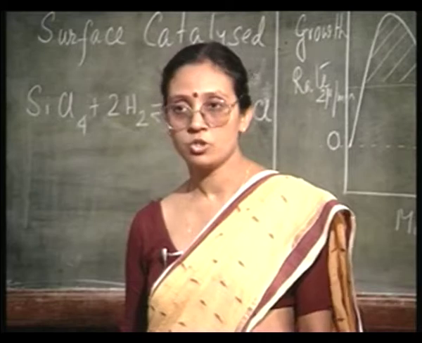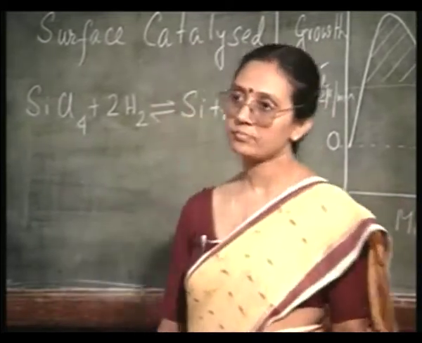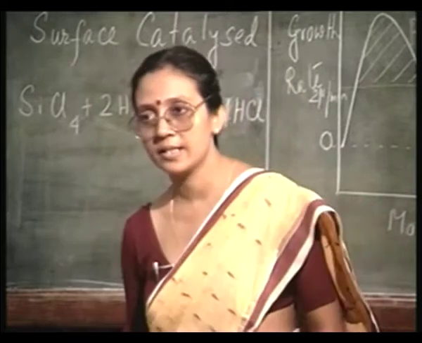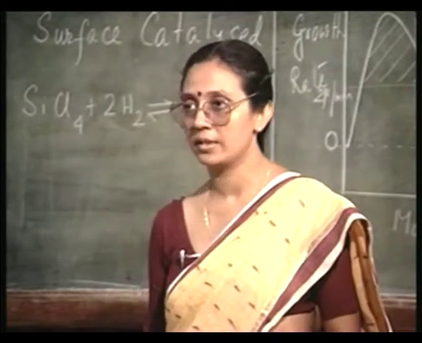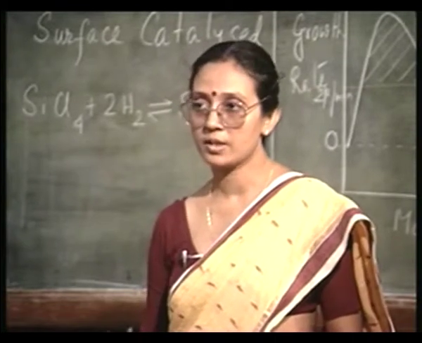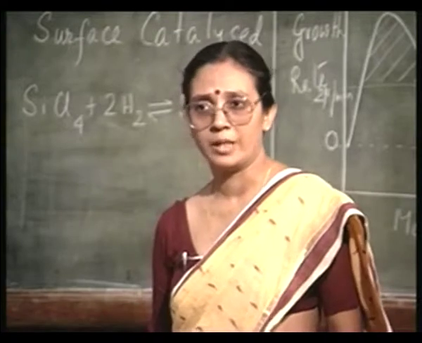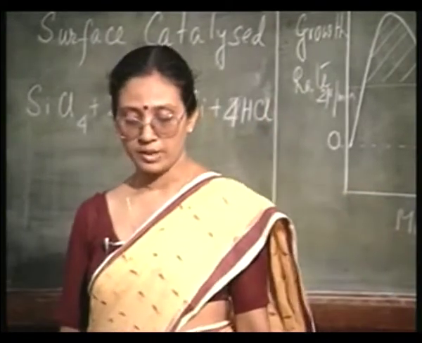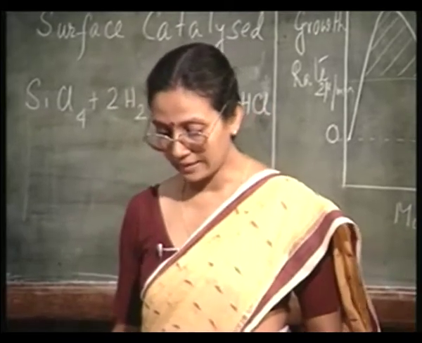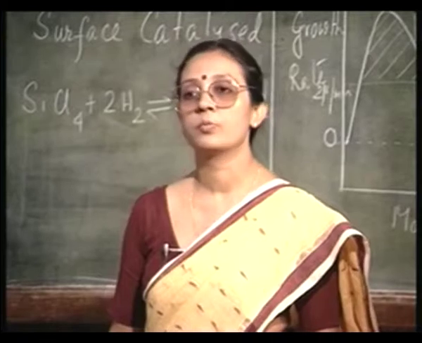Okay. So, temperature wise SiHCl3 or SiH2Cl2 offer a certain advantage, that is the temperature can be reduced by a small margin, not a very large margin, but by a small margin. Okay. The other point is what is called the efficiency of deposition.